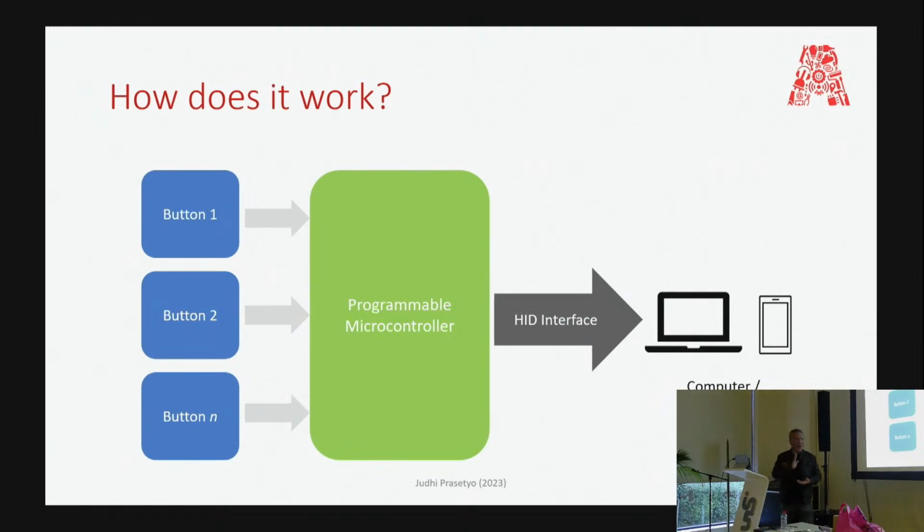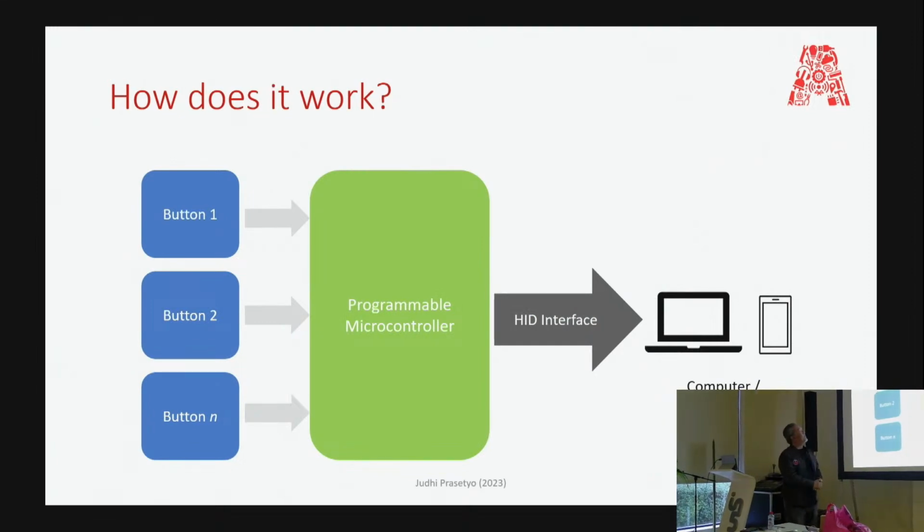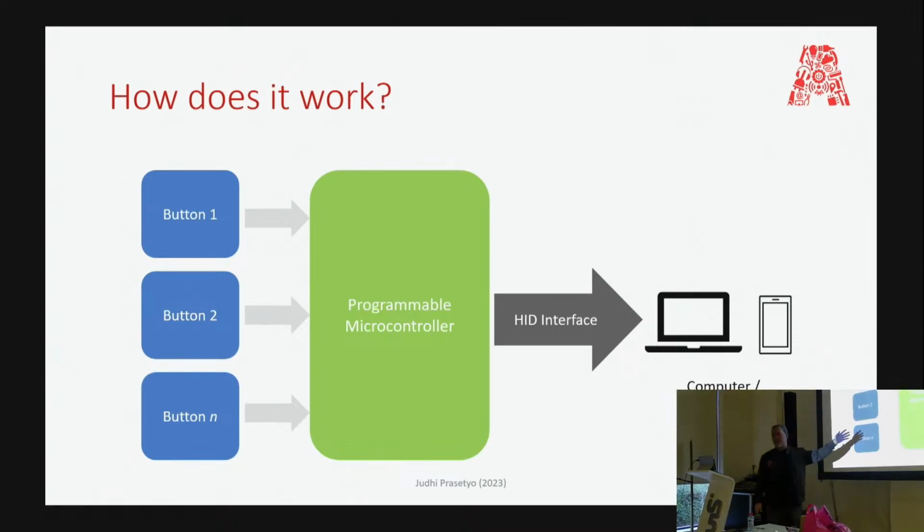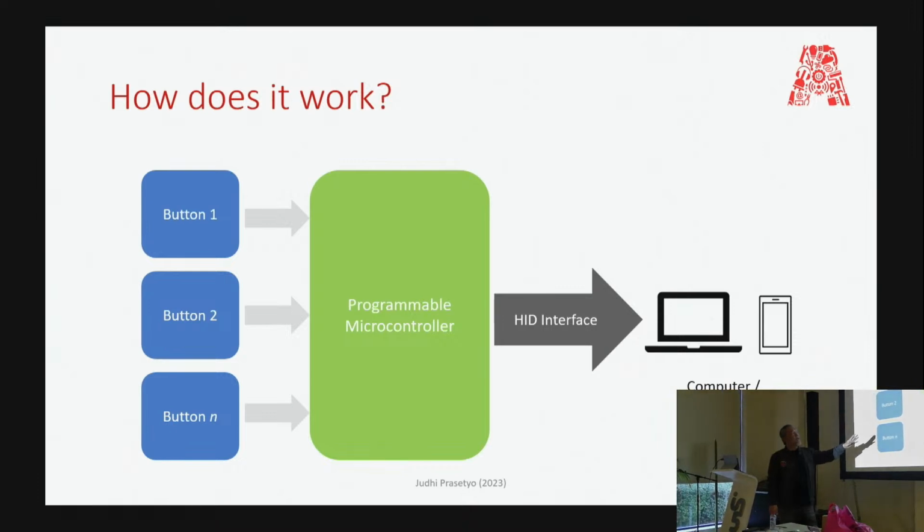So how does it work? It's pretty simple. We have buttons, and then this will be input into a programmable microcontroller, and today we are going to use the ESP32. And then it goes to the computer or smart devices like your phone through an HID interface. What is HID? Human Interface Device.